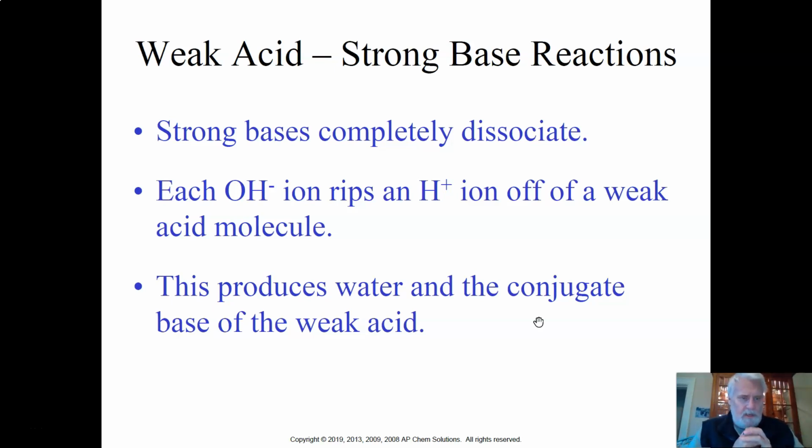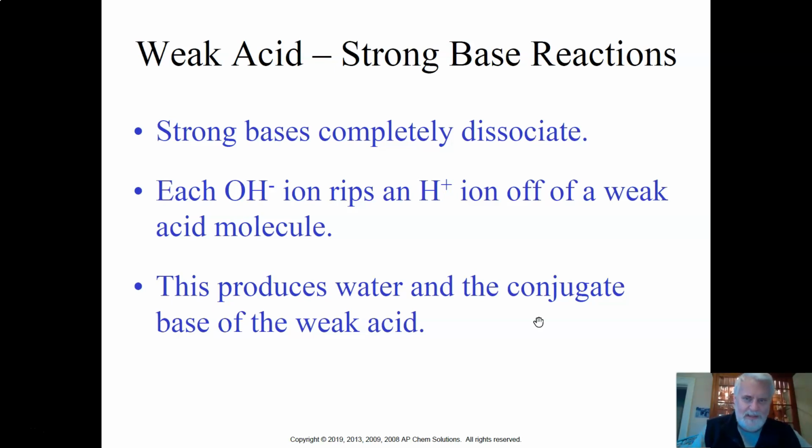So a weak acid doesn't want to give the salt to anyone. No, I don't. I'm a weak acid. I like this hydrogen. I'm going to keep it. And then along comes big old mean OH, who's like, I'll be taking that salt. And there's nothing the poor little weak acid can do about it.